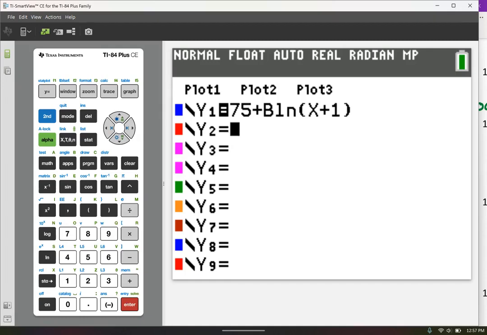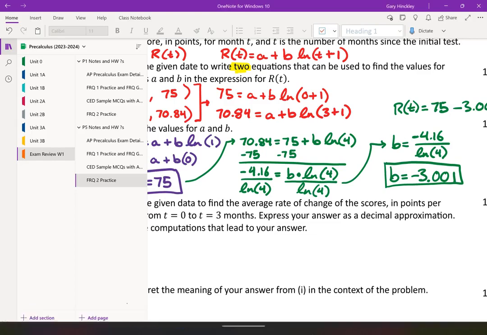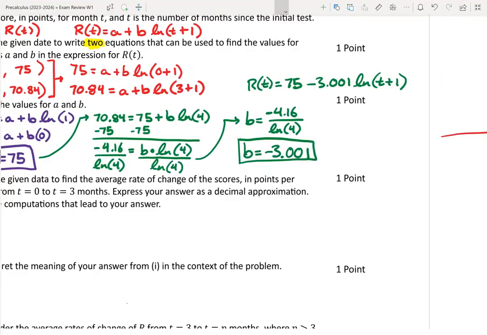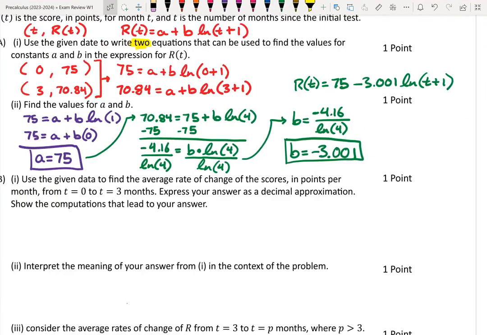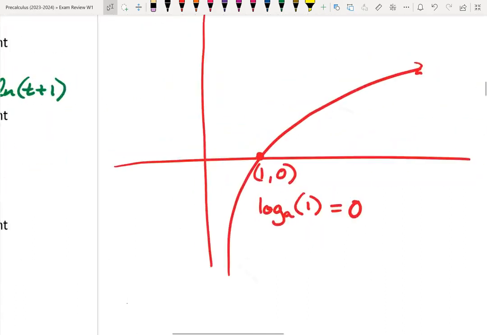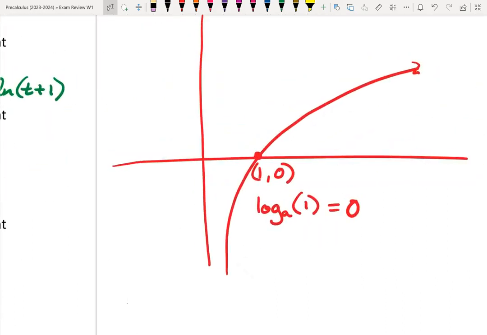Before we move on with that, I want to show you with this problem. This could have been done with regressions. But the problem is, again, like I mentioned earlier, the regression is going to be a plus b natural log of just x. And if we have just x, and I try to have 0 as x, well, thinking about this, what is the natural log, or what is any logarithm at 0?